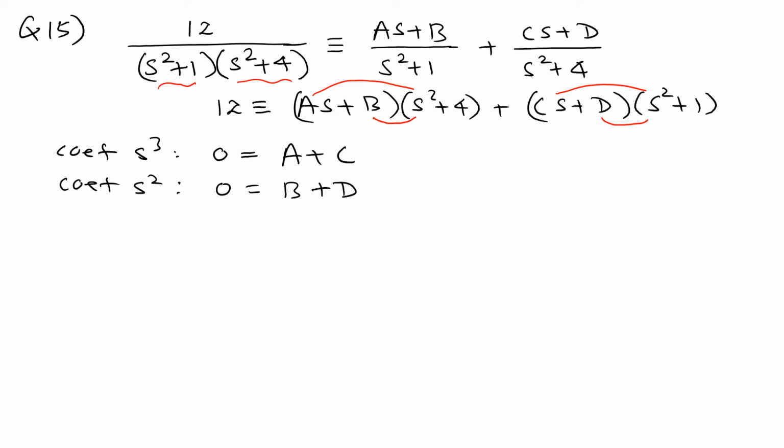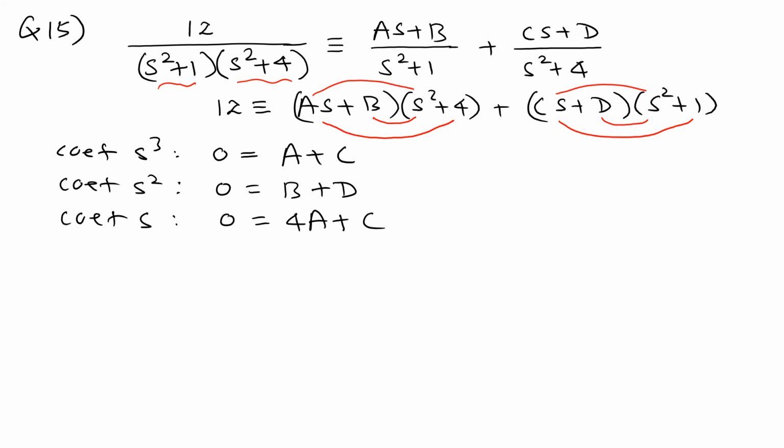So let's go to the next one, which is the coefficient of s. Again, no s term on the left. You get an s term if you multiply the first and the last, and the first and the last. So the coefficient has to be 4a plus c.